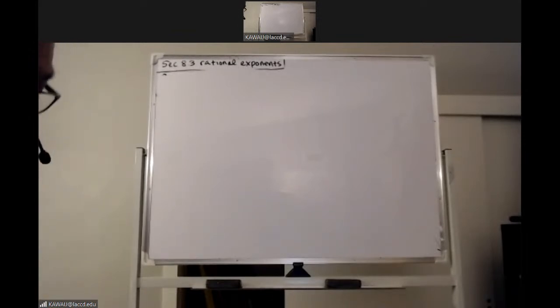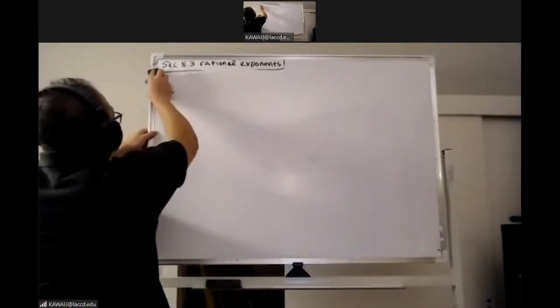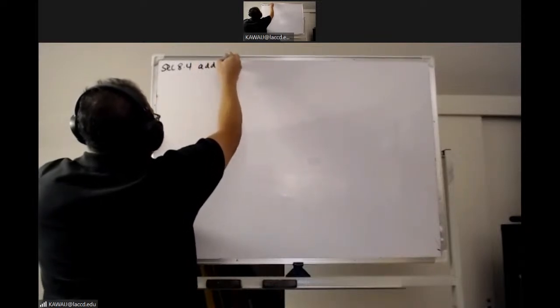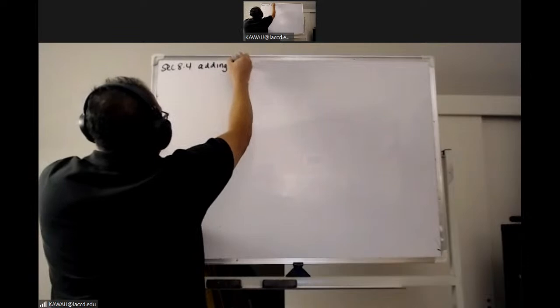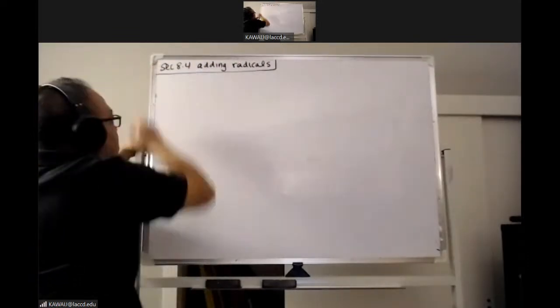Here we go. Okay. So we're going to go section 8.4. Adding radicals. Okay.